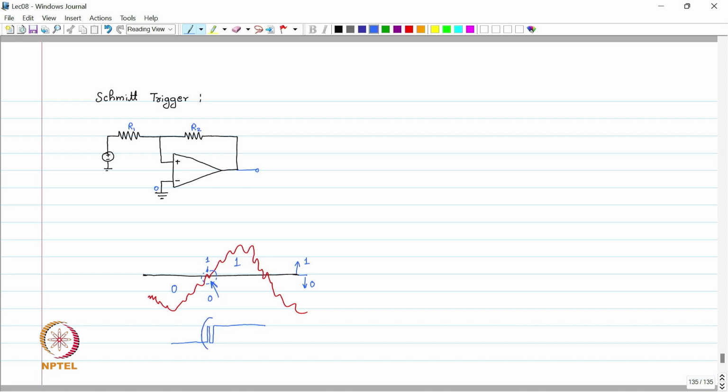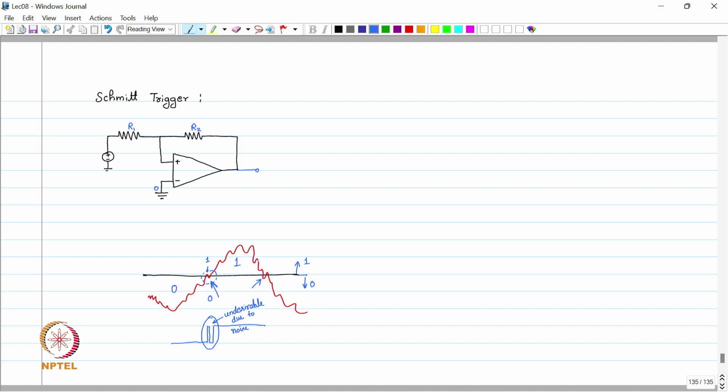So this is an undesirable thing, which is like a high frequency transition or spike, we can say, which is undesirable. And this happened because of the noise. The same thing happens actually here as well.